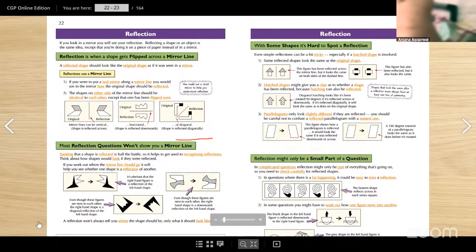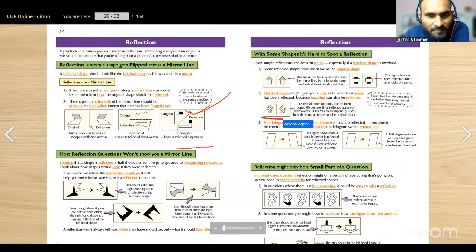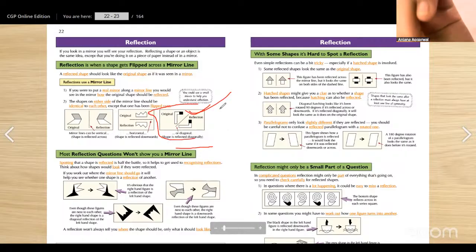Wait. I'm talking about this one. Which one? This one. Oh, I'm on the other page. No, that is correct. I understood you were on another page.